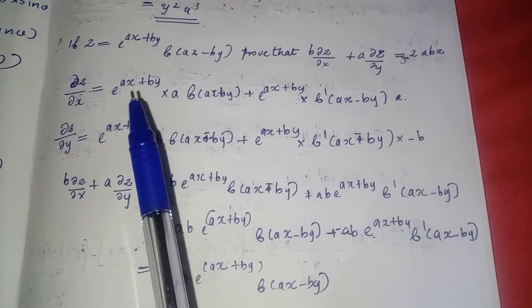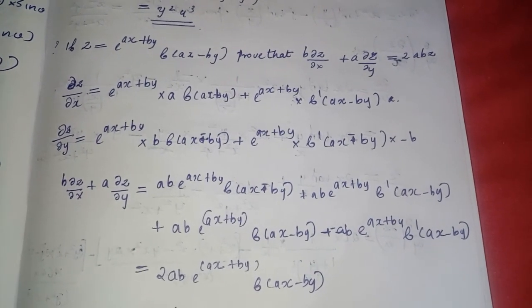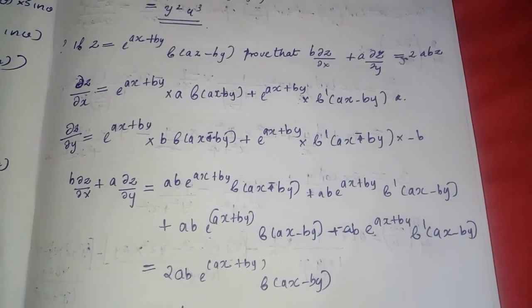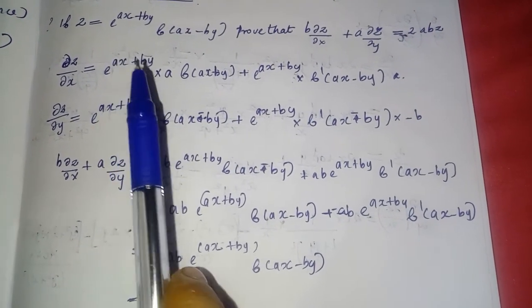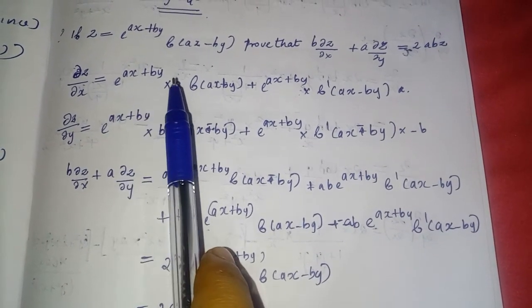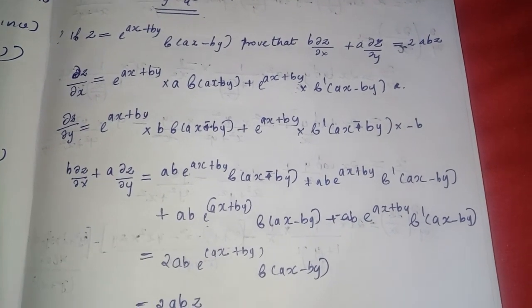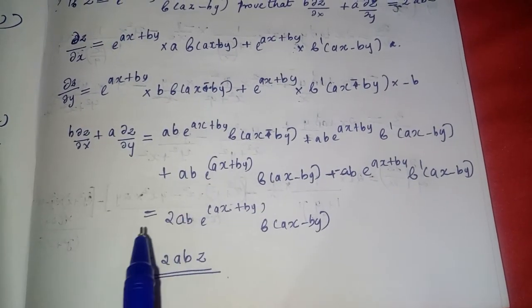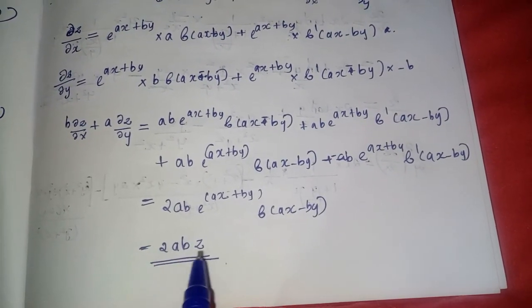You know how to find the derivative of e raised to a function, the function only, so here it is e raised to (ax plus by), and the derivative of ax plus by with respect to x is a. Okay, and like that we have considered the derivatives and put the condition and we get the answer as 2abz.